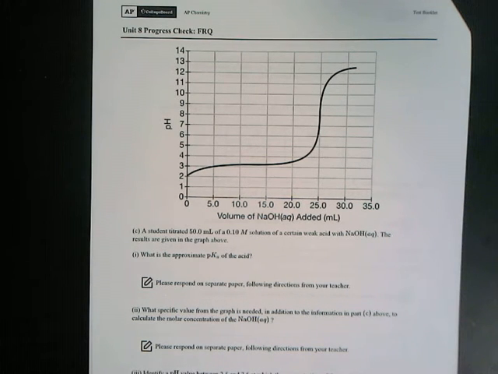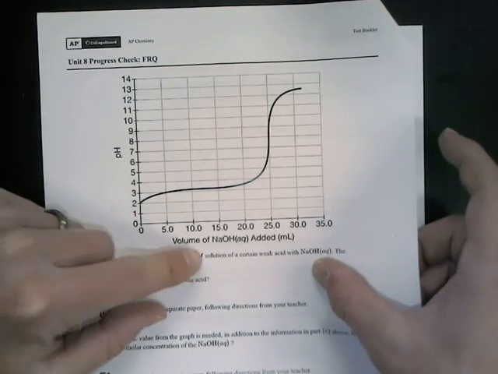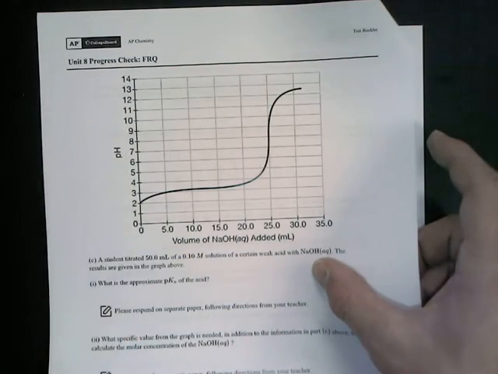Well, the pKa is equal to halfway of the equivalence point. So let me switch papers here, and I'm going to pause and write that down. Okay, so just as a reminder, the equivalence point is where the number of moles, in this case of base added, is equal to the number of moles of our acid.